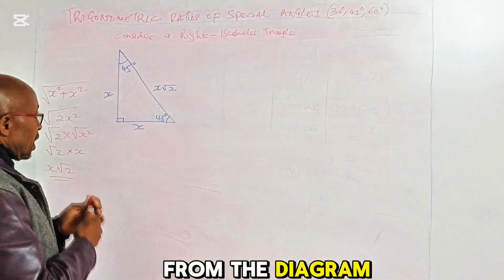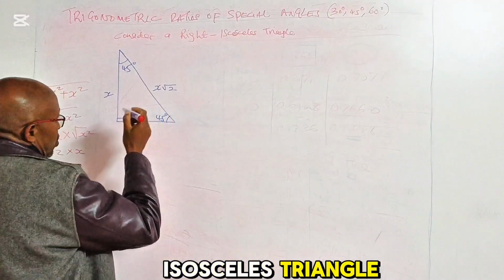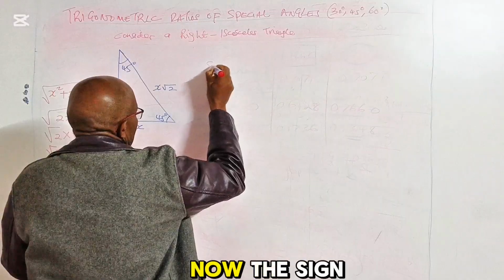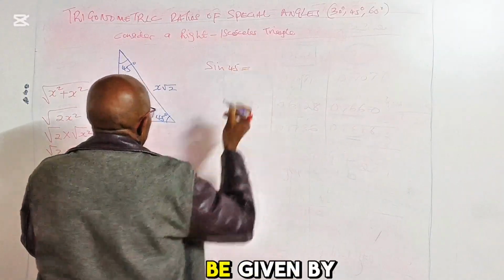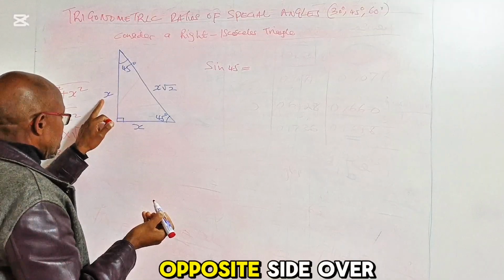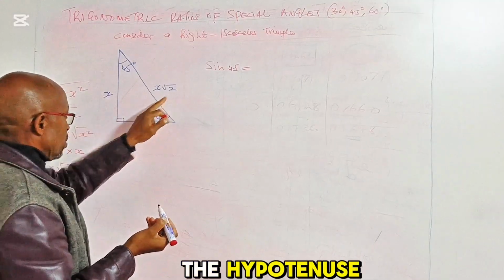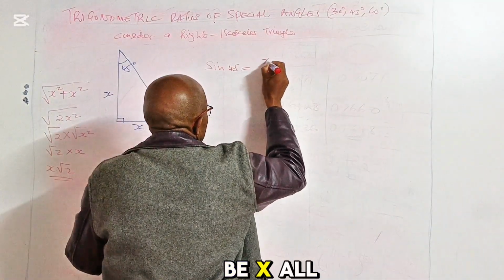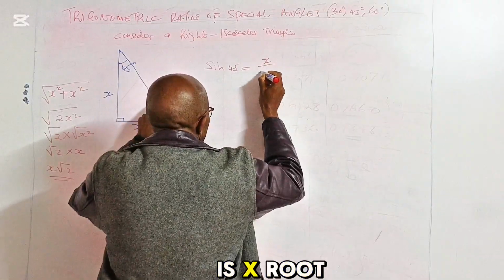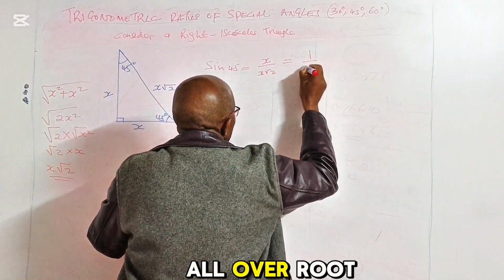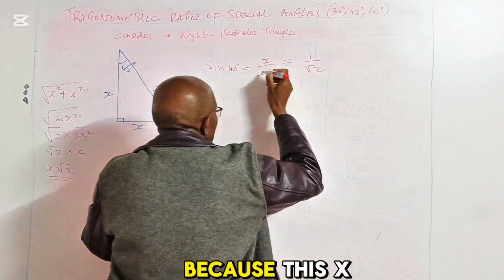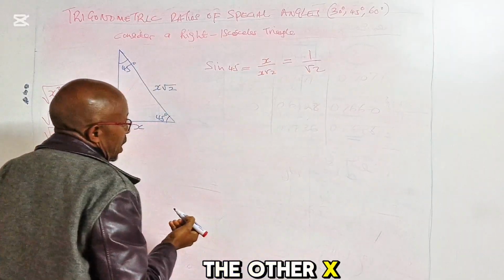From the diagram, the right isosceles triangle, we can get that now the sine of 45 will be given by the opposite side over the hypotenuse. So it will be x all over the hypotenuse x root 2, which will be equal to 1 all over root 2, because this x will cancel with the other x.